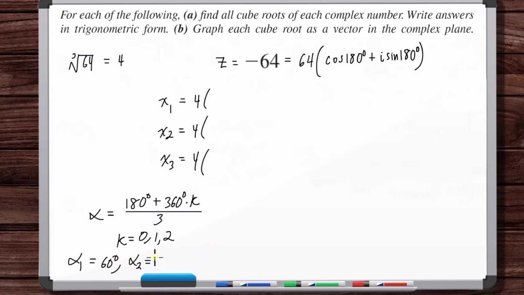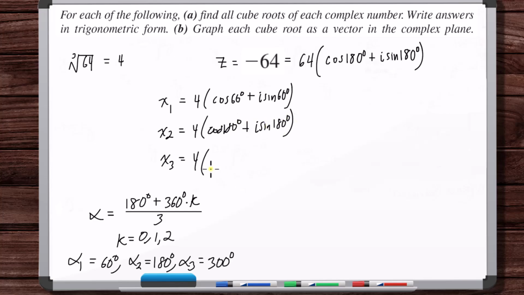So we've got 60, 180, and 300. Cosine 60 plus i sine 60, cosine 180 plus i sine 180, and cosine 300 plus i sine 300.